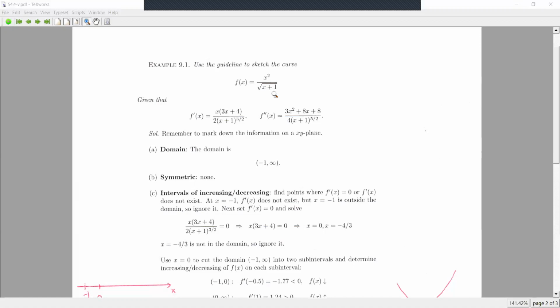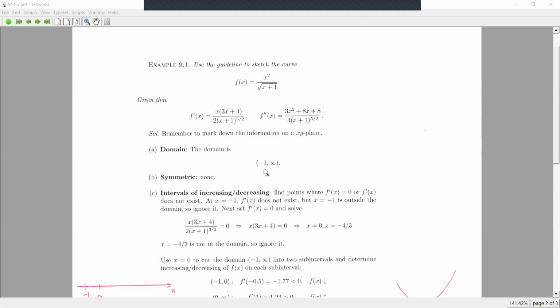Now computable. So any number greater than -1, the function is computable. Therefore, the domain is this interval. The function f has a graph only on this interval.